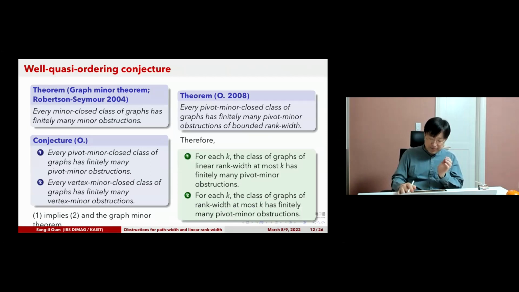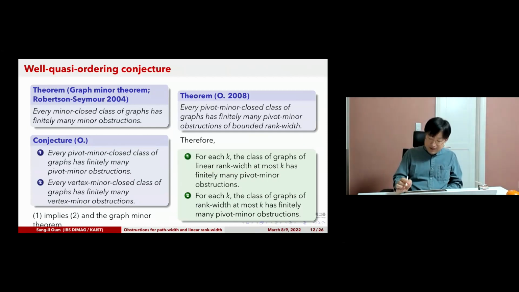But this already implies that for the class of linear rank width at most k, there are only finitely many pivot-minor obstructions. Why? Because each of those obstructions has linear rank width exactly k plus 1, so therefore rank width at most k plus 1. So we can apply this. Then there are only finitely many pivot-minor obstructions.